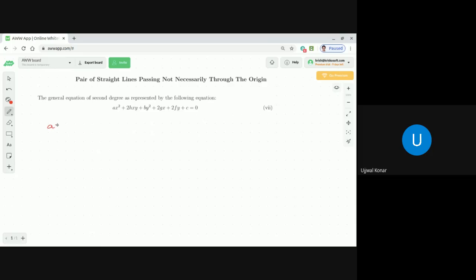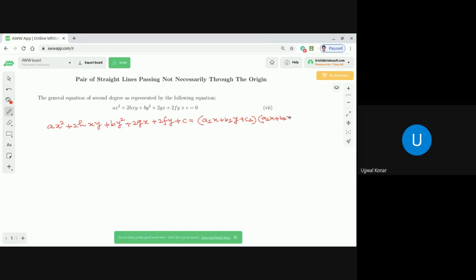So what does it mean? It means that ax square plus 2hxy plus by square plus 2gx plus 2fy plus c should be expressed as something like (a1x plus b1y plus c1) into (a2x plus b2y plus c2), where all these a1, b1, c1, a2, b2, c2 are real numbers.